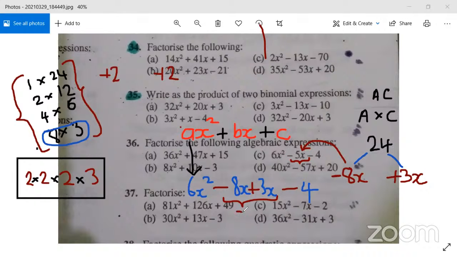So let's just drop a bracket here and a bracket here, right? So the HCF of 6 and 8 is 2, but is that the only thing we can use? Well, naturally, you have x times x, and you also have x.